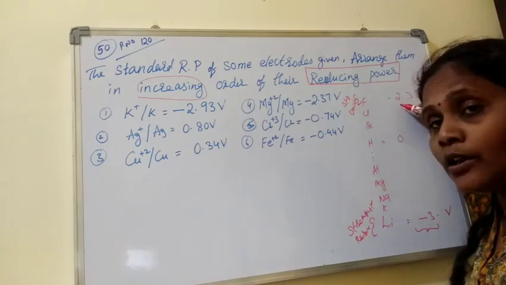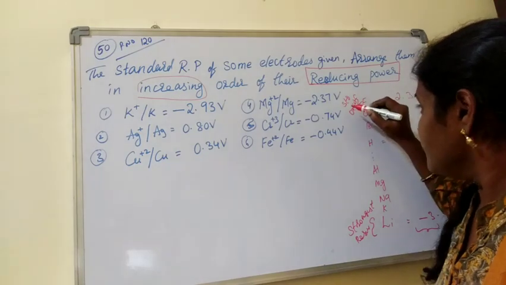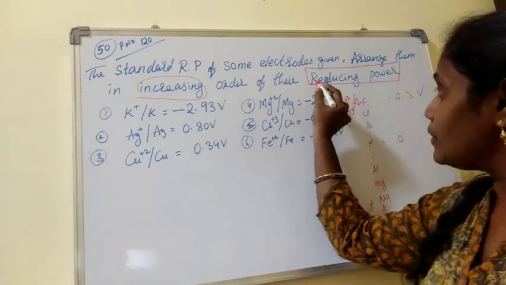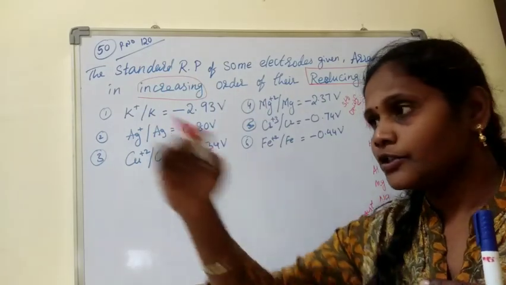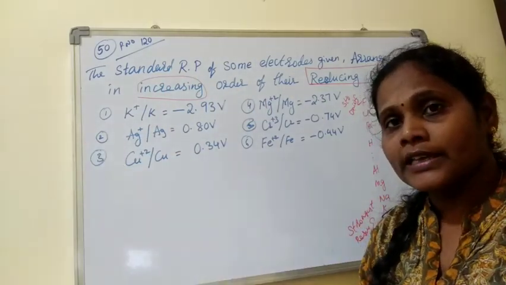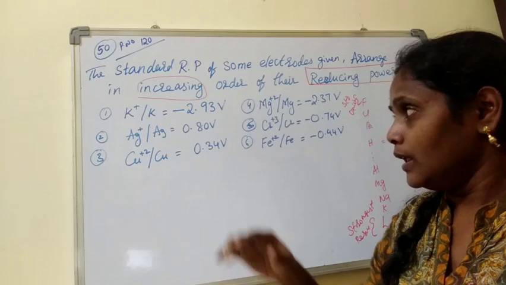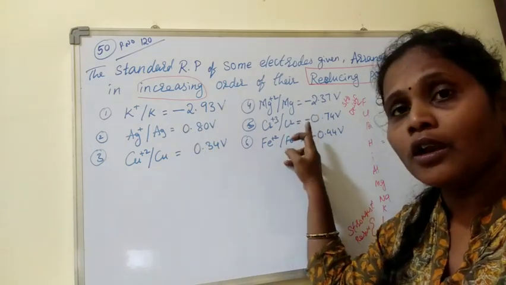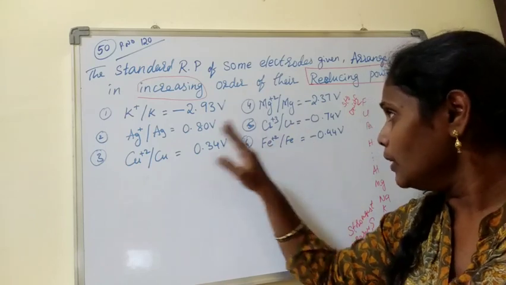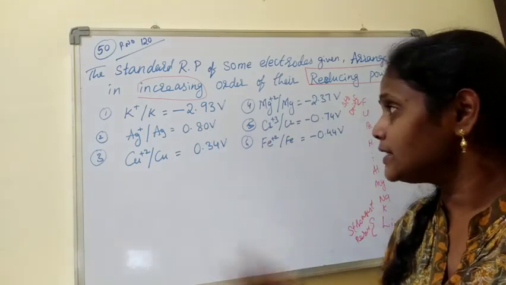So the high value will have the weak reducing agent. So we have to write increasing order, means ascending order, weak reducing agent to strong reducing agent. So now from highest reduction potential value to lowest reduction potential value, arrange these elements.